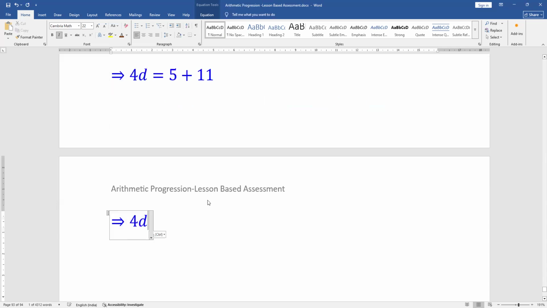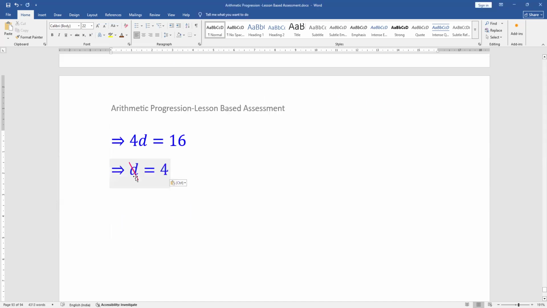So 5 plus 11 is nothing but 16, correct? So 4d equals 16, which is 4 times 4, so we get d equals 4.